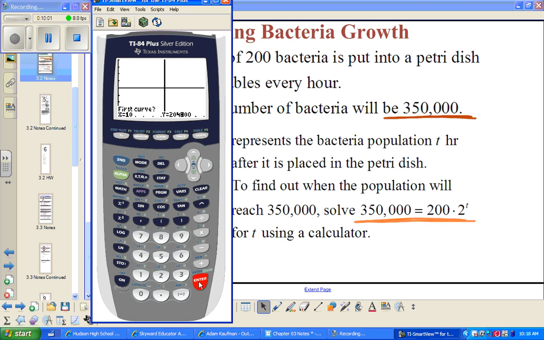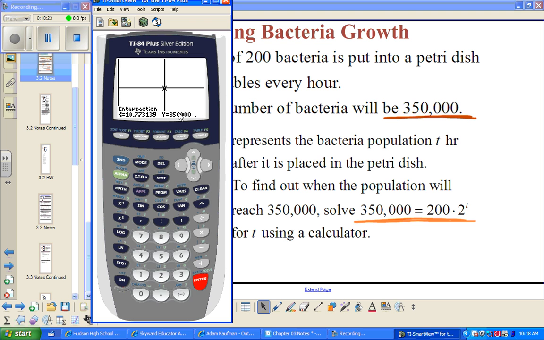First curve, yes, yes, guess. I don't remember what my range was, but since 10 is on there right now, I'm just going to guess 10.2. What's the answer? The intersection is at 10.77, so it wasn't quite right, but pretty close.